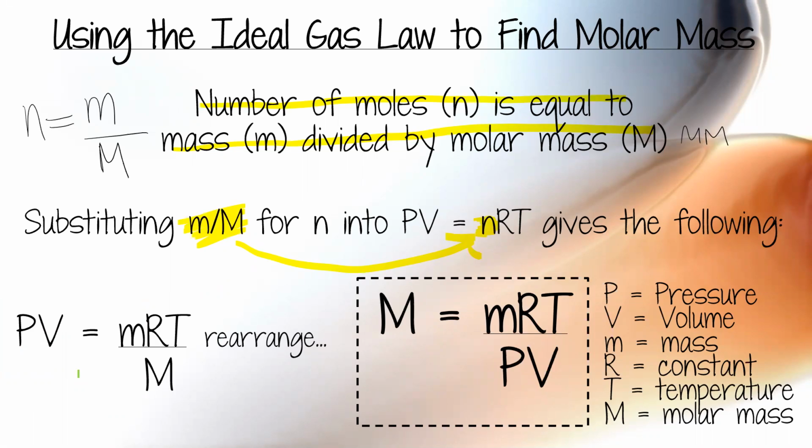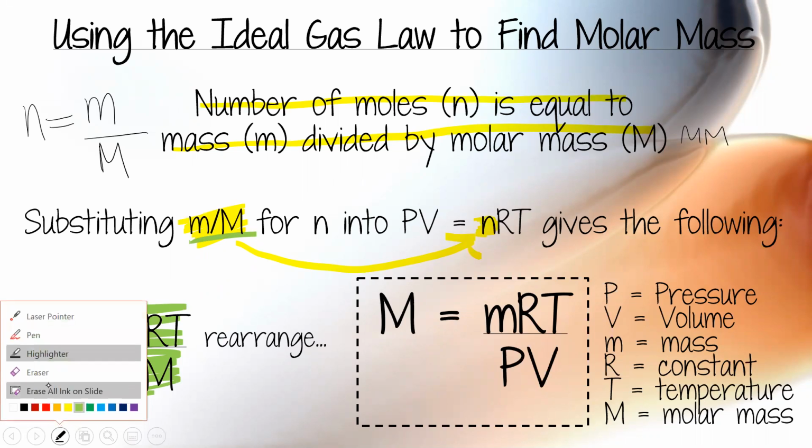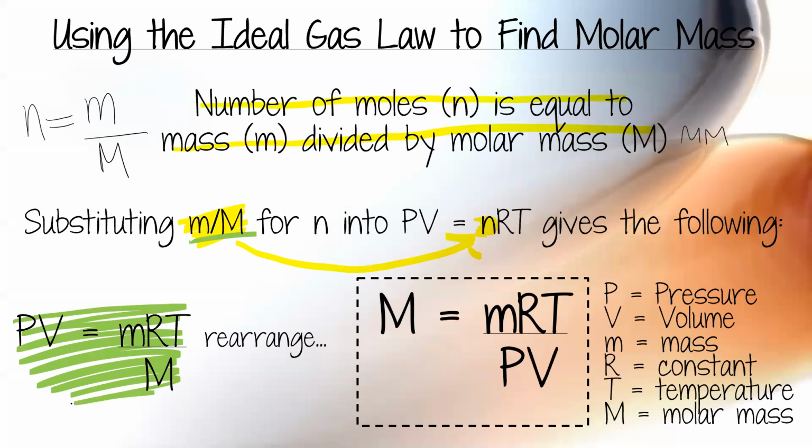It's not as complicated as it looks. I would have PV equals mRT divided by capital M. All I did was take this n in nRT and put this in it. That's just a lot of background information.